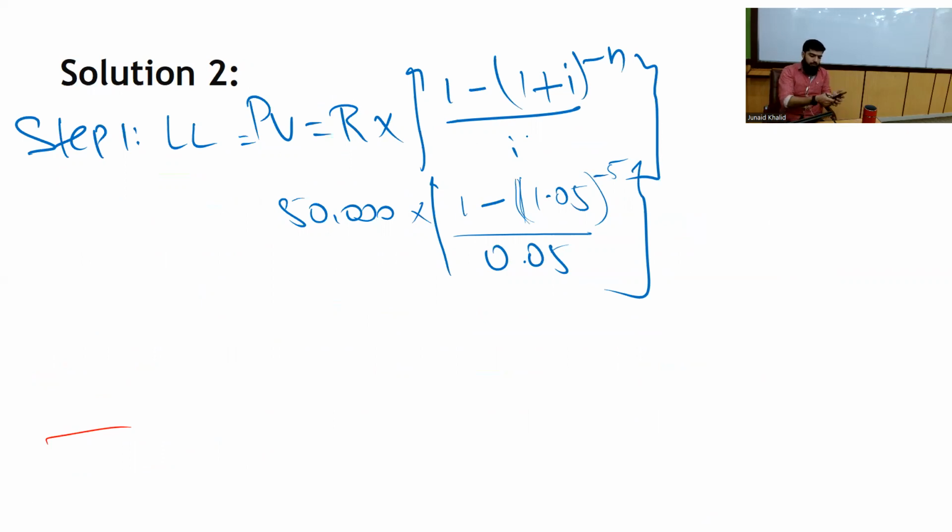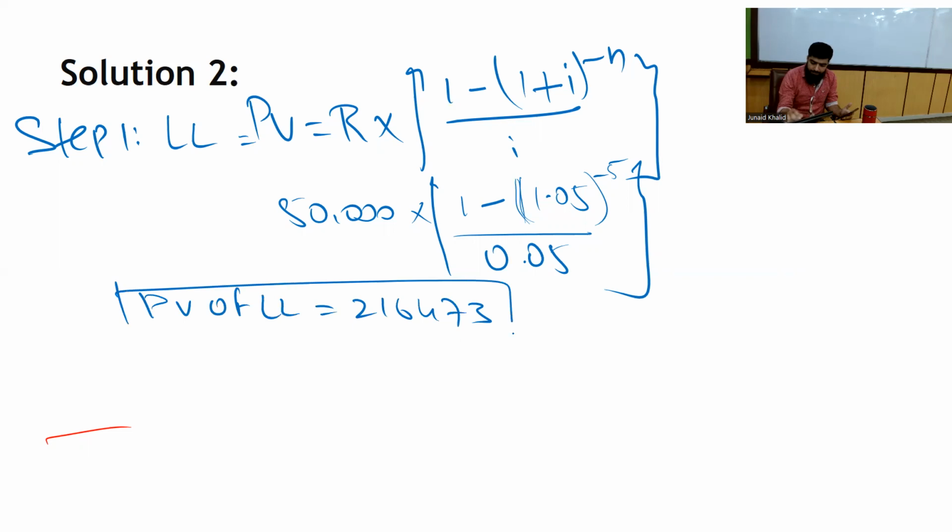Now put all these figures in a scientific calculator. 50,000 multiplied by bracket, fraction, 1 minus bracket open 1.05 bracket close power minus 5, divided by 0.05 bracket close, and this makes the present value of lease liability 216,473.